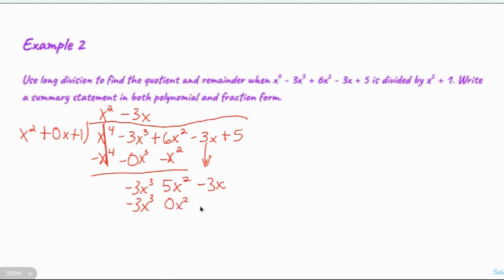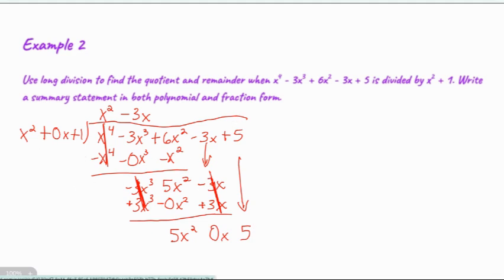And 1 times negative 3x is negative 3x. Now, we're always subtracting, but when we subtract a negative, it changes it to a positive. And it changes it to a positive here. So this cancels, as it always should. Then we get 5x squared here. And this actually cancels out too. So we get 0x. And then we bring down our 5.